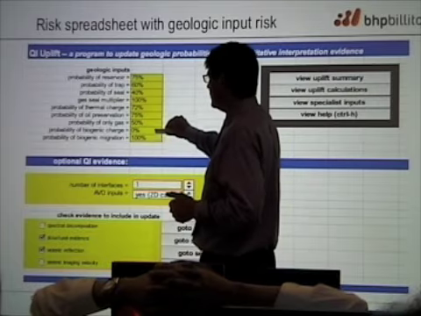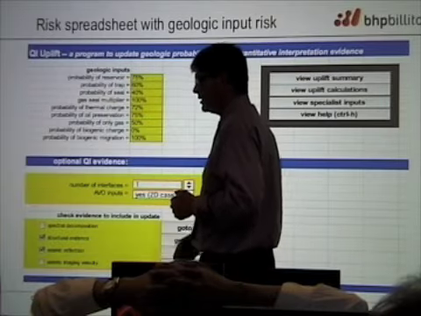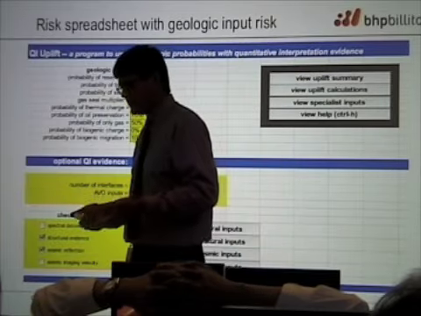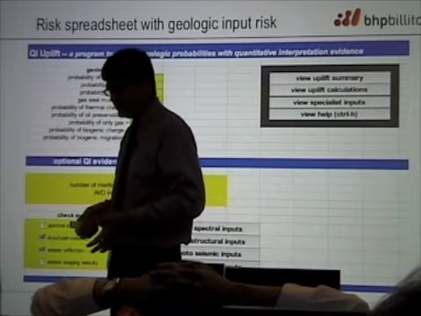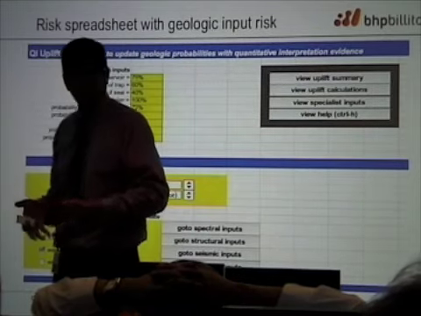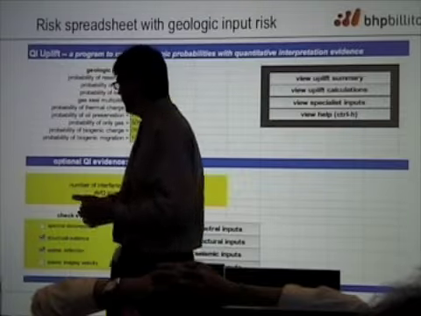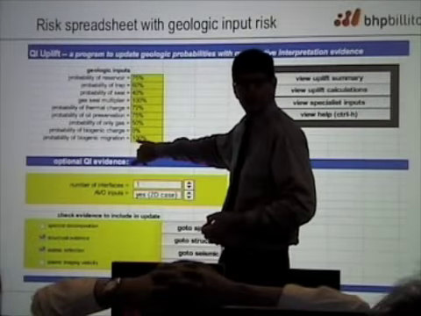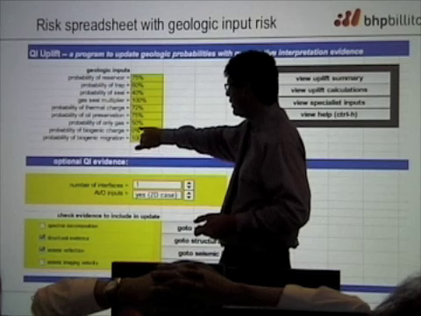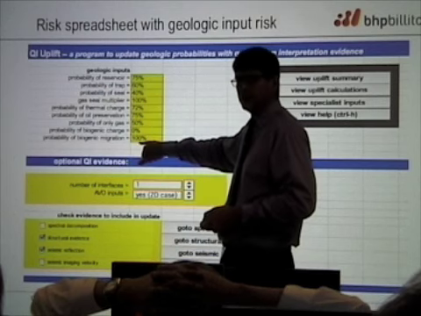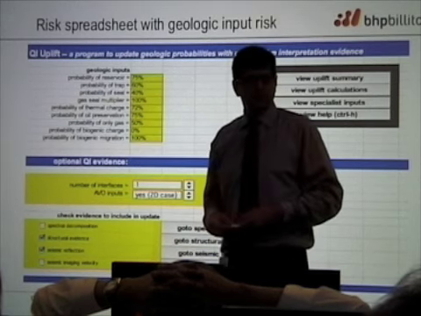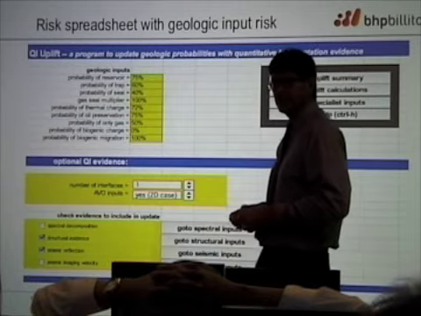What's the probability of biogenic charge? Well, it turns out that these bugs that actually like to eat oil not only poop tar, they poop gas, and so you can end up getting biogenic gas, okay, and actually that can be significant, and it turns out that it's actually a fairly nice dry gas, okay?